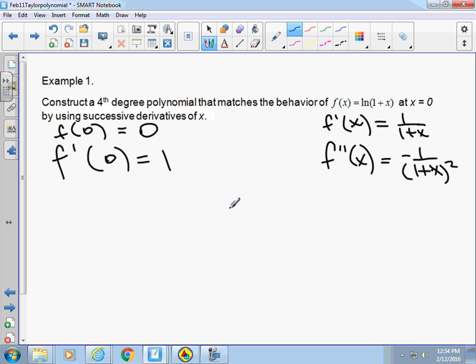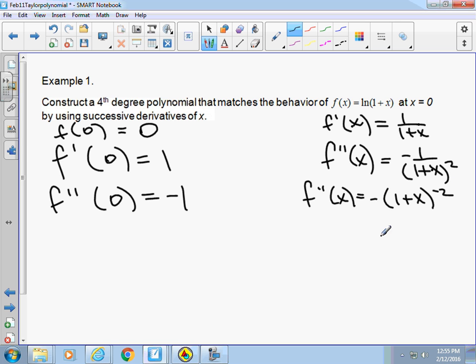Plug in 0 and I get negative 1. Okay. Just for fun, I'm going to rewrite this. I did the last one in my head and I feel like I might have lost a couple of you.